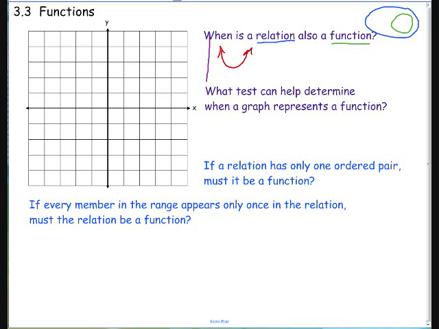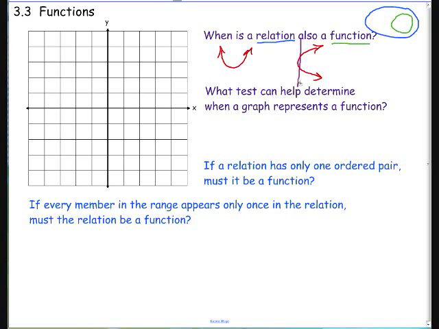However, if I had a graph that looked like this, and I apply the vertical line test, I'm okay up to here, and when I get here, I have one point at the vertex, and now for every x, I have 2.